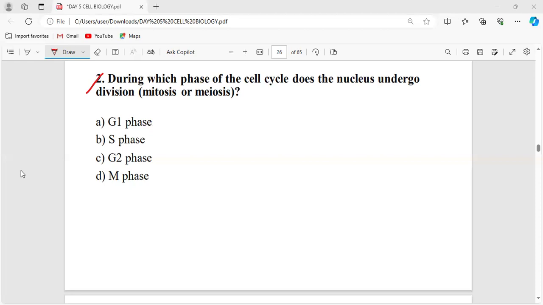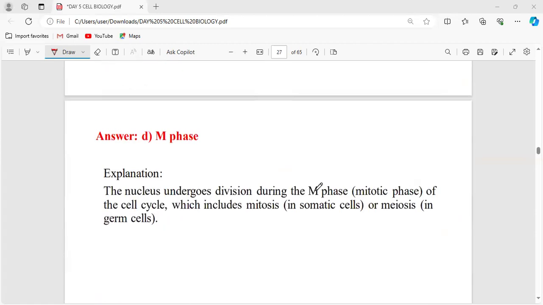Always the nuclear division happens first, followed by the cytokinesis, that is cytoplasmic division. So the answer will be the M phase. That is, the nucleus will undergo nuclear division in the M phase, the mitotic phase.